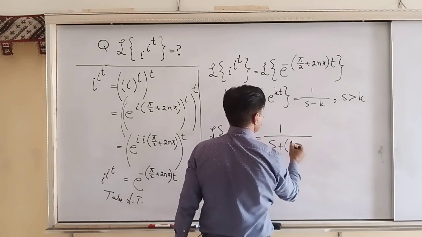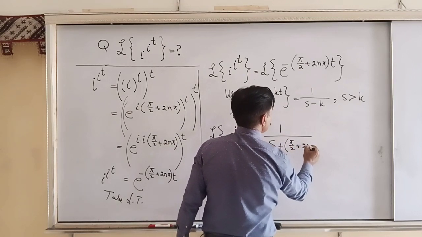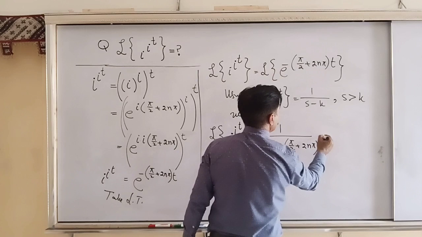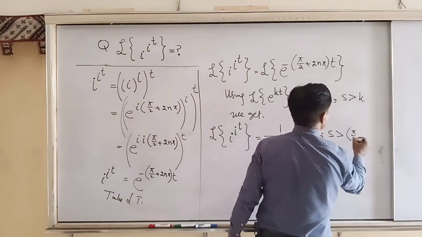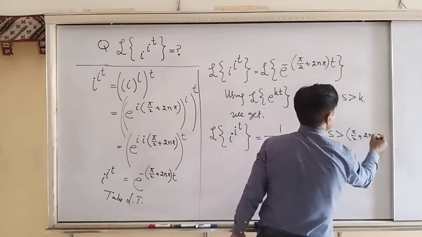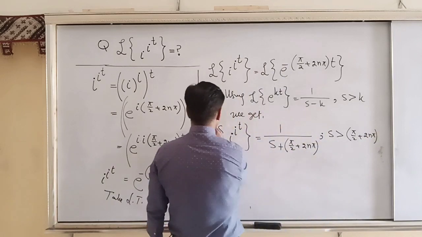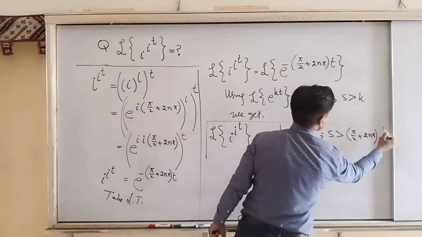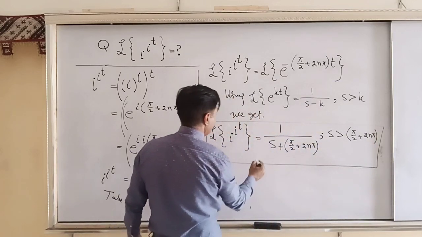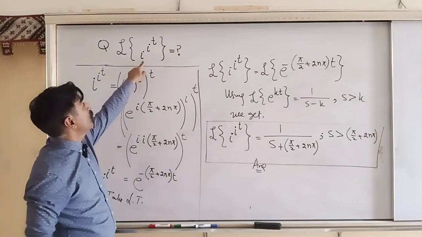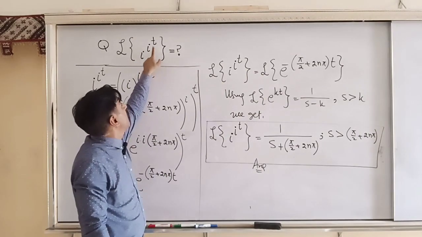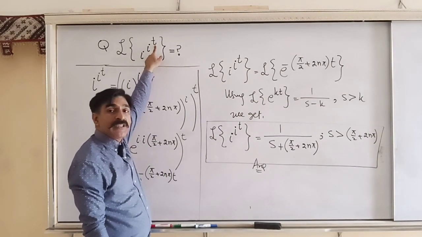So this is 1 over s plus pi by 2 plus 2n pi, where s is greater than minus pi by 2 plus 2n pi. So this is the Laplace transform of a very different looking function, iota exponentiated iota, further exponentiated iota.